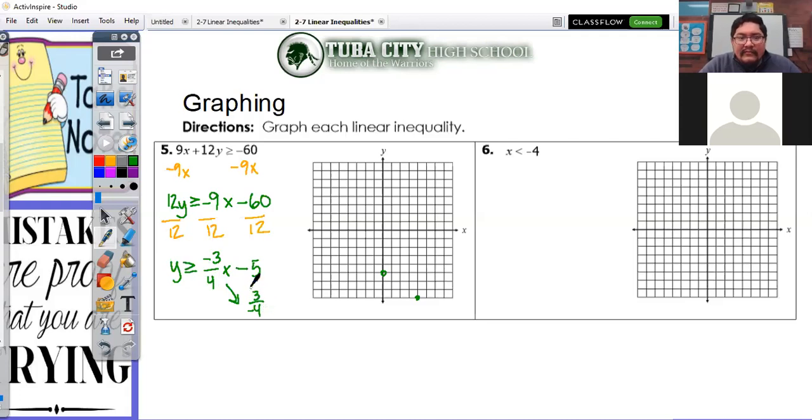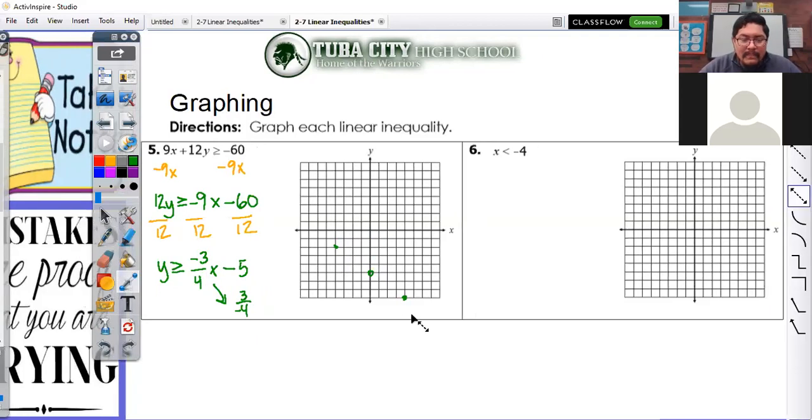So if we look at this, now my rise is 3, which means I go up 3, back 4, and it stays on this line. So again, that's just a quick way of being able to get an extra point of reference for your graph.